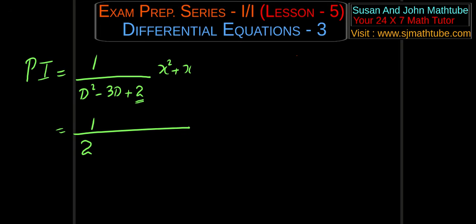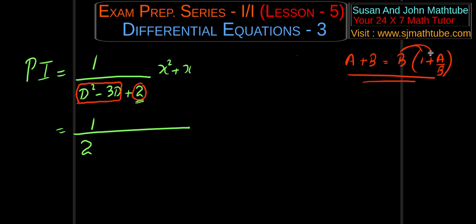I'm going to treat this as a plus b. I hope you understood. So a plus b can be written as b into 1 plus a by b. Think about it. Just open the bracket, you will understand. So it's going to be 1 plus D square minus 3D by 2 of x square plus x.